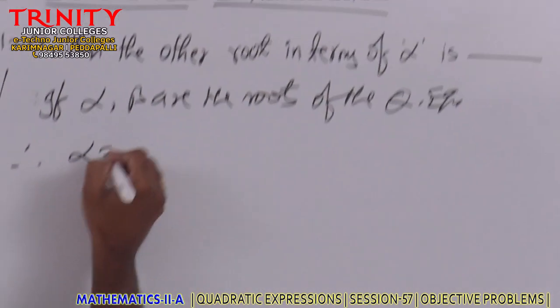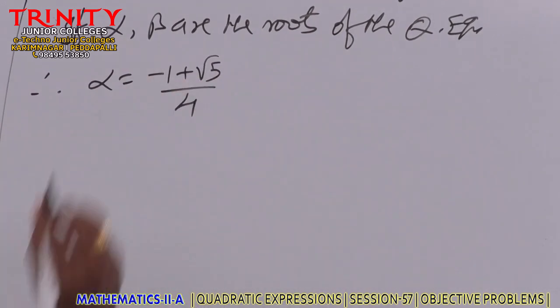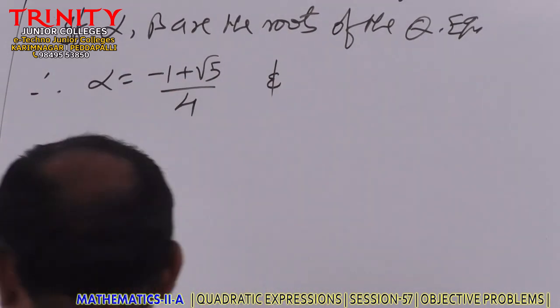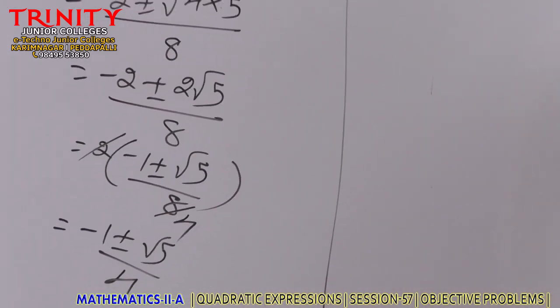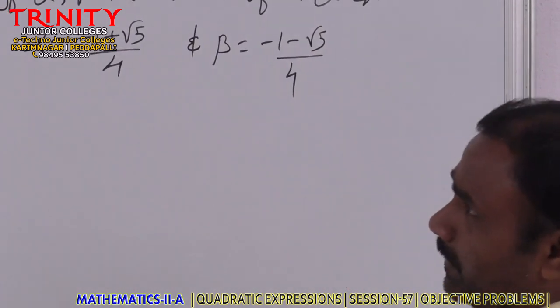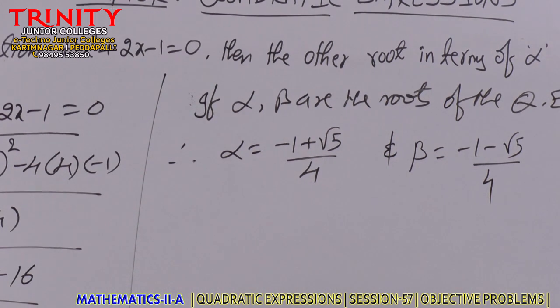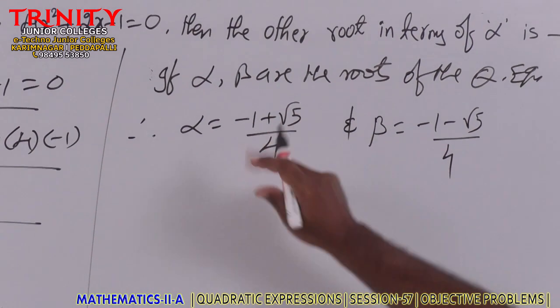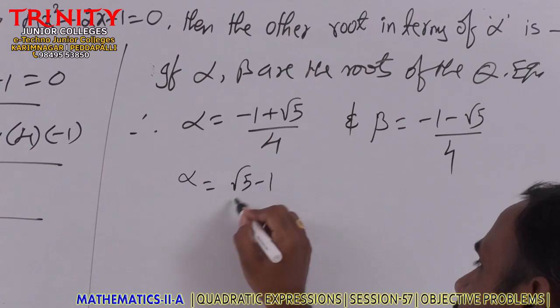Therefore alpha is equal to minus 1 plus root 5 by 4, and the other root, beta, is minus 1 minus root 5 by 4. These are the two roots. He was saying that alpha is a root of this quadratic equation. Therefore, alpha is equal to root 5 minus 1 by 4.